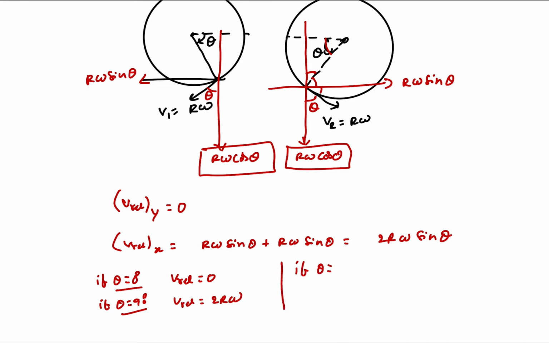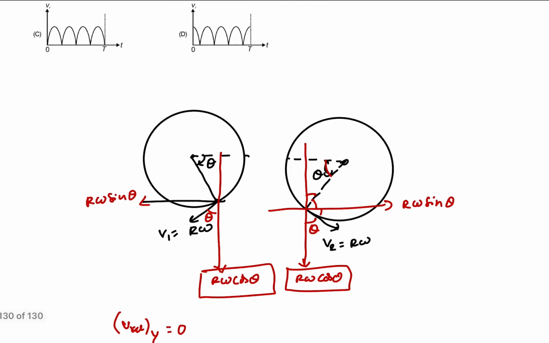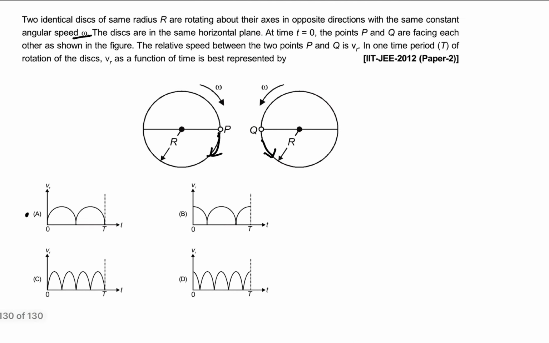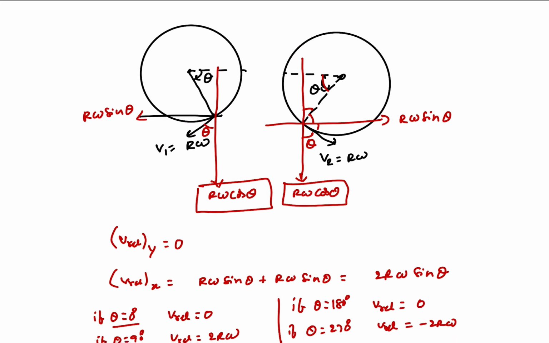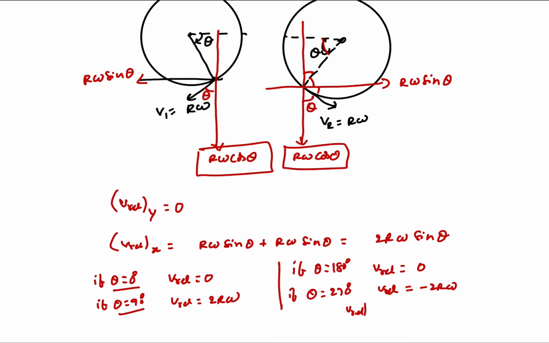Similarly, if theta is equal to 180 degrees, the v relative value is again 0. If theta is equal to 270 degrees, the v relative value is equal to minus 2r omega. But in the question they are asking the relative speed, and speed is always positive. So the v relative magnitude is equal to 2r omega. Similarly, if theta is equal to 360 degrees, again I will get the v relative value equal to 0.